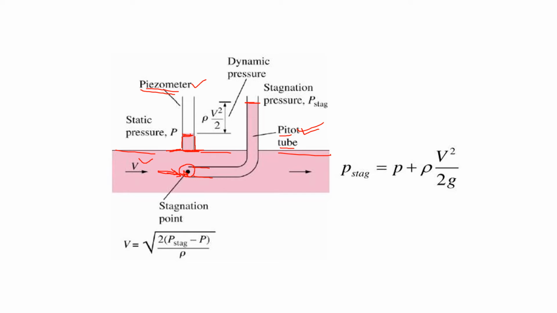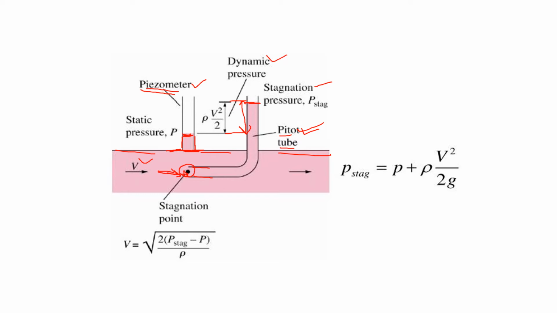That's why there is a difference, and this difference of height we call the dynamic pressure. So stagnation pressure is the sum of static pressure plus dynamic pressure. I hope the concept of static state and stagnation state is clear.